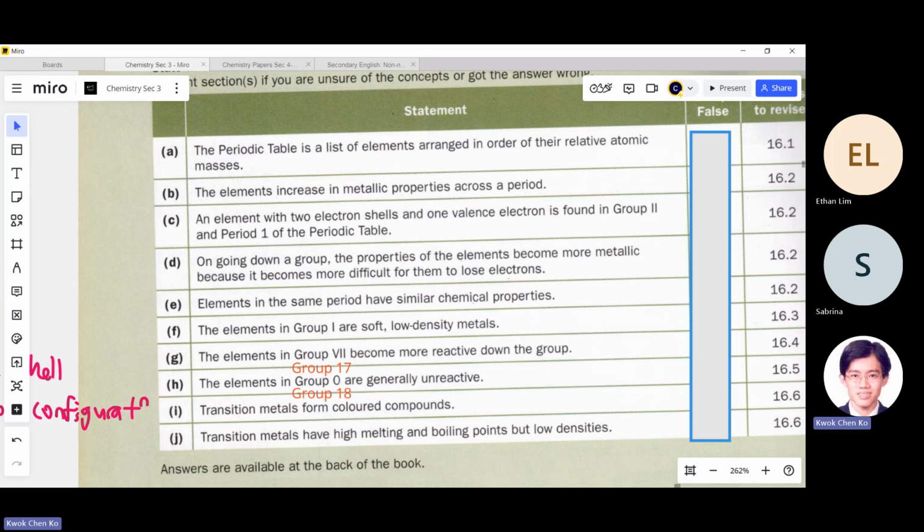Just a note, this is the old version. So look at this, for example, right here, H, sorry, G. They put group 17. Now you need to know it as group, sorry, it's supposed to be group 17. This is group 17. Group 0 is now group 18.